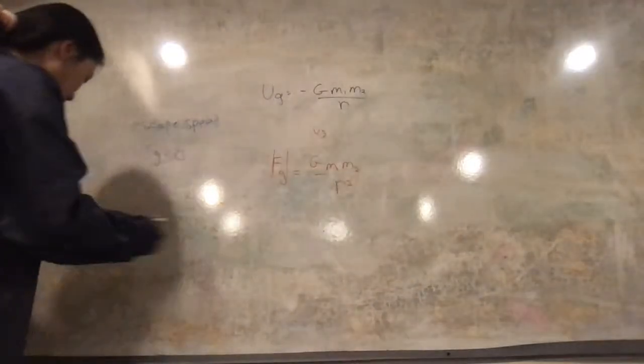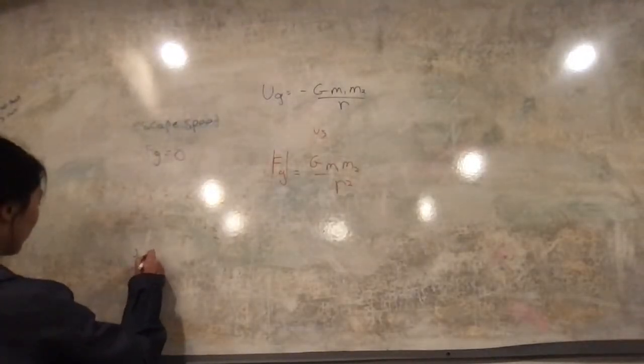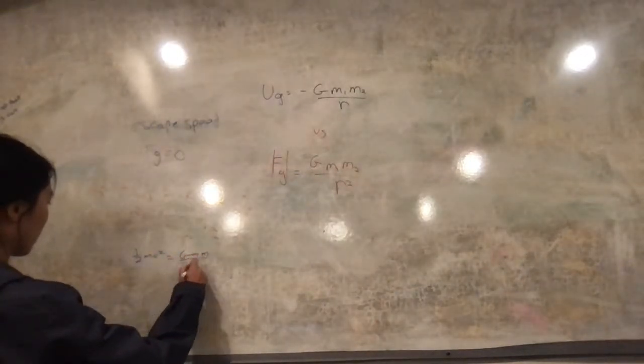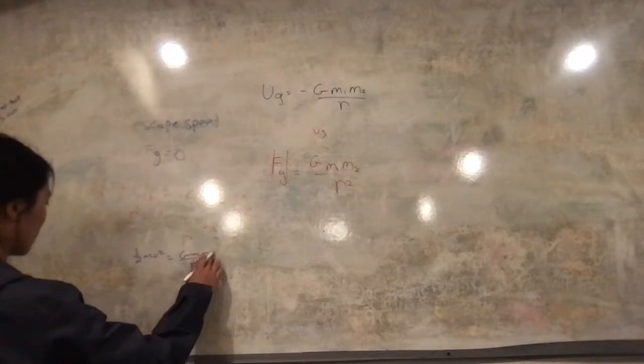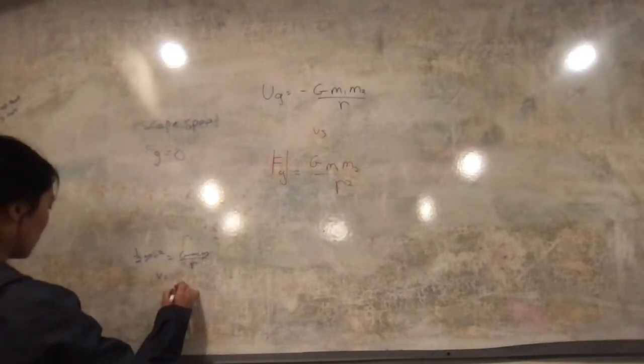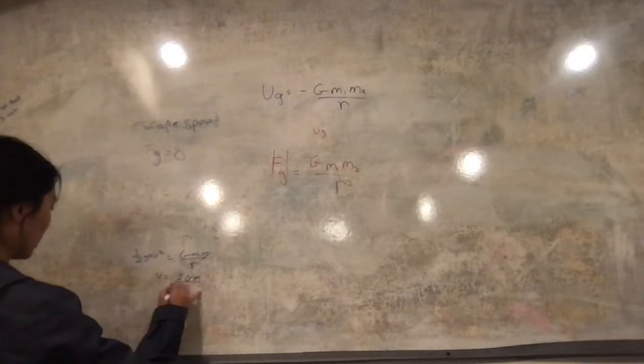So then we do 1/2 mv squared equals GMm over r. We can cancel out the m. V equals the square root of 2 G M over r. So that's escape speed. And again, you have to derive this.